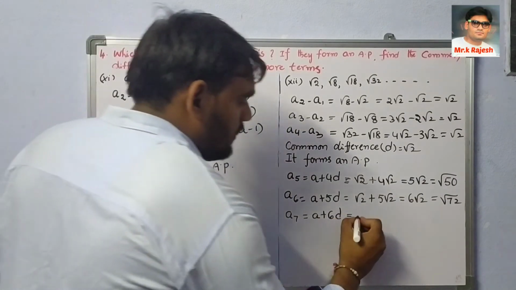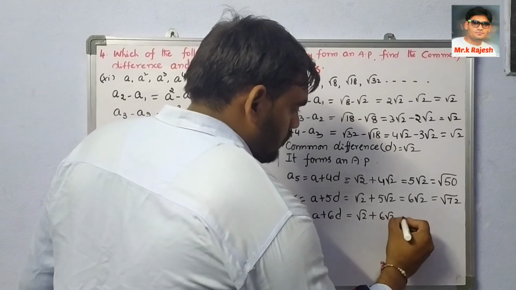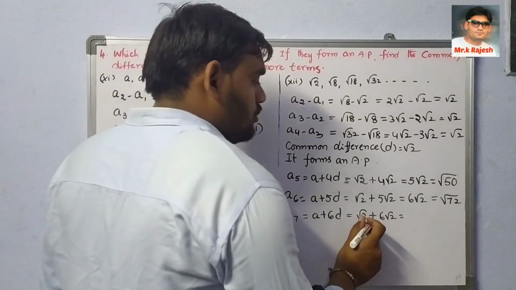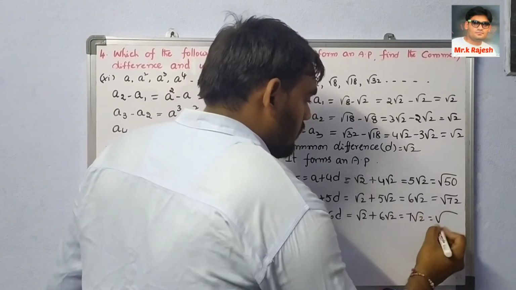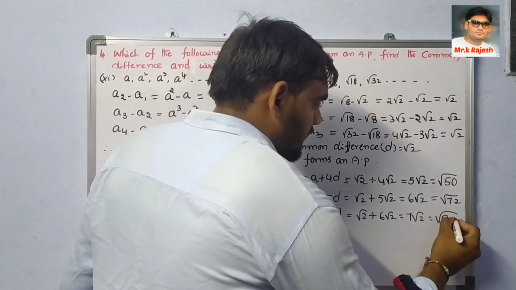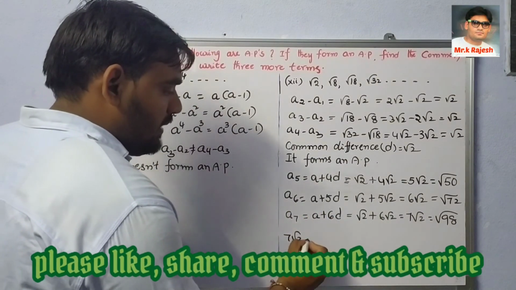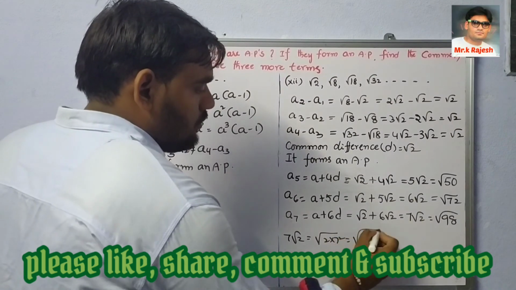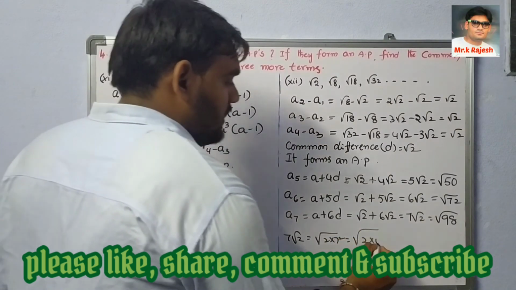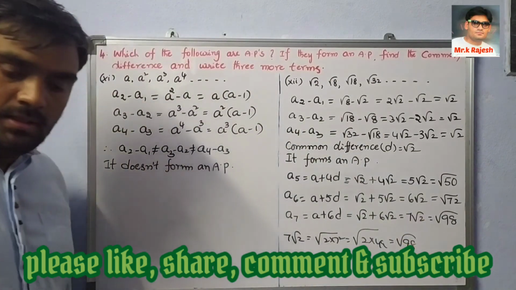What is the value of a here? Root 2 plus 6 into root 2. Now root 2 plus 6 root 2, 7 root 2. Its value is root 98. See here, 7 root 2 can be written as root of 2 into 7 square. Now root 2 into 49. 49 2s are 98. Am I correct or not?